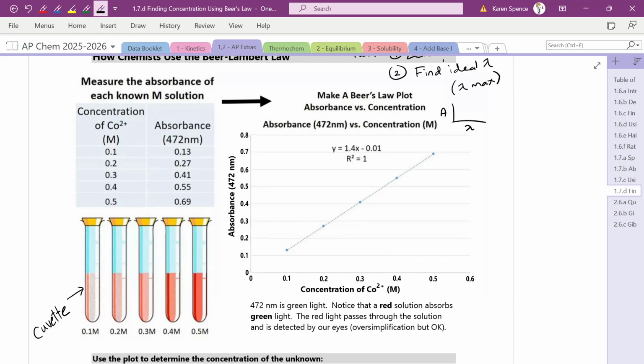Now, it's not a good idea with Beer's law to extrapolate past your data points, okay? Because it's a straight line, but then it kind of goes a little funky at some point, yeah? So don't extrapolate, or extrapolate as little as possible.